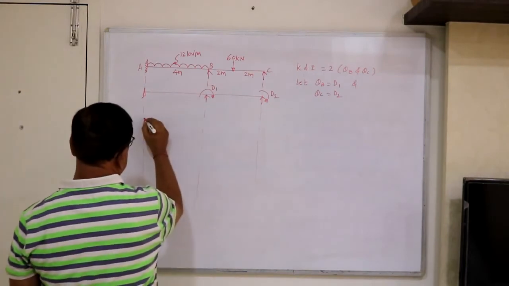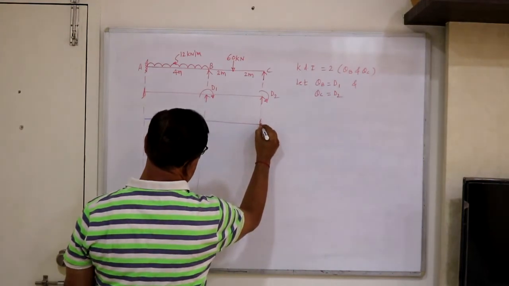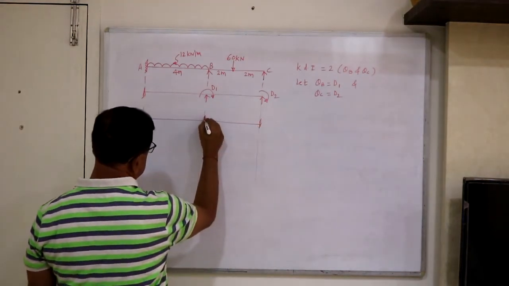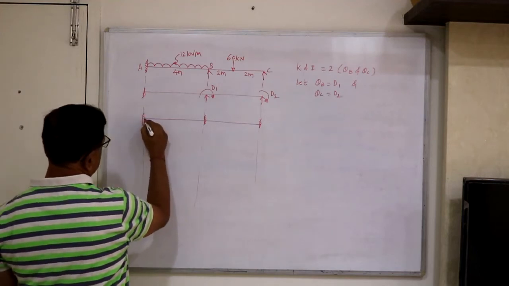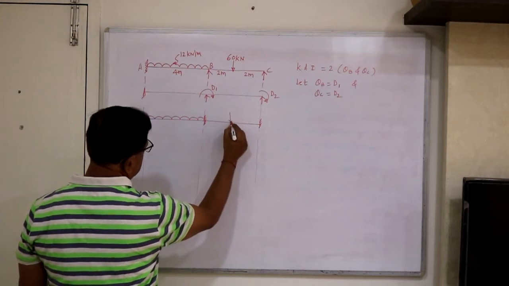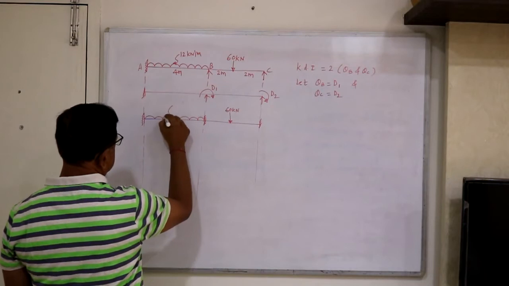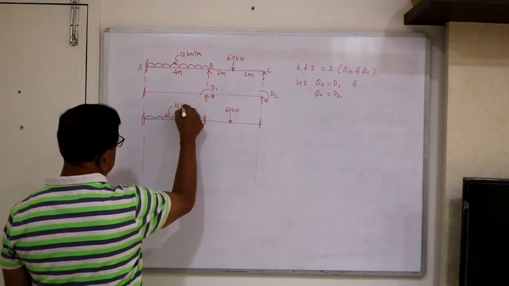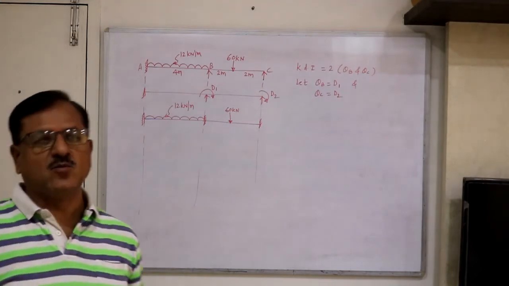Next, obtain the restrained structure. So by locking all the joints, fix all the joints. Then show loading on it, and find out restrained reactions, means fixed end moments.